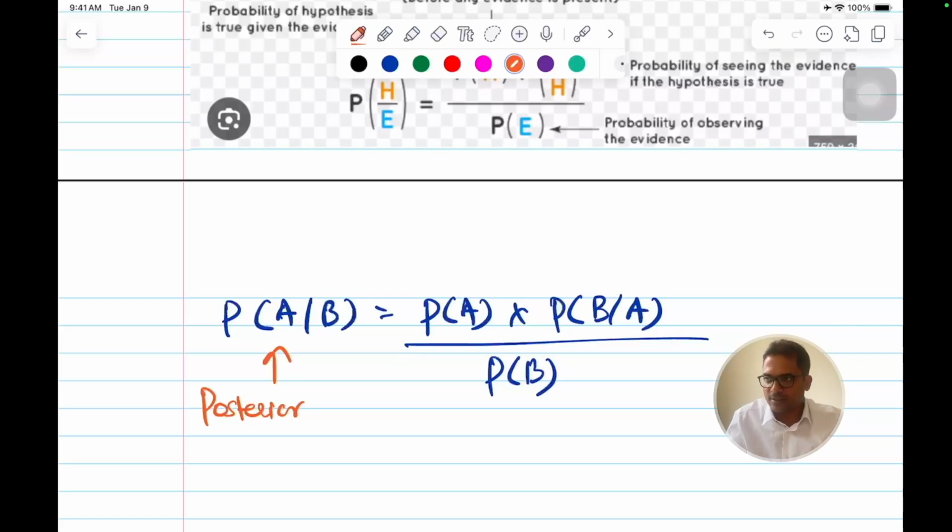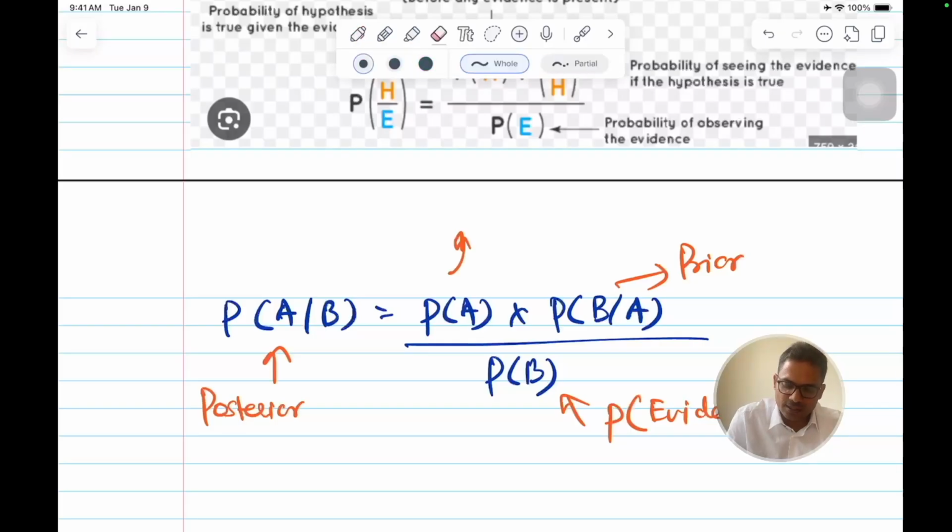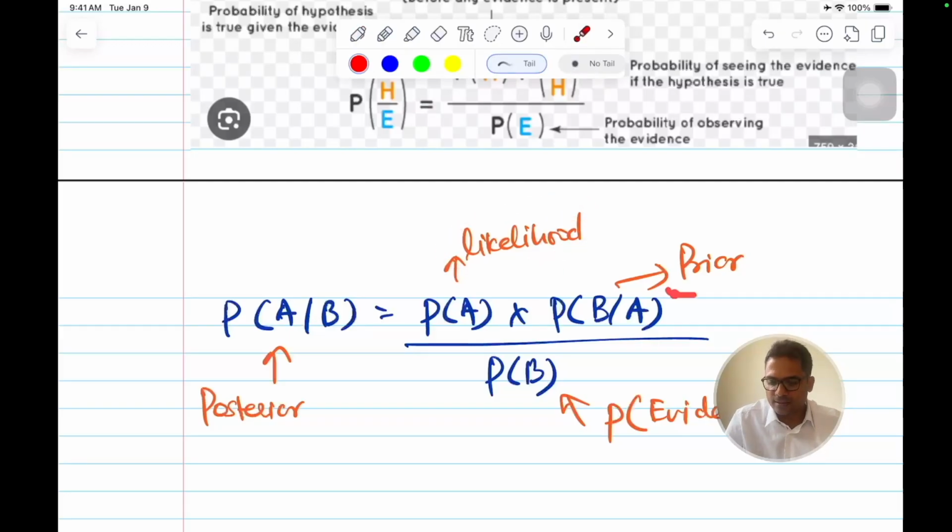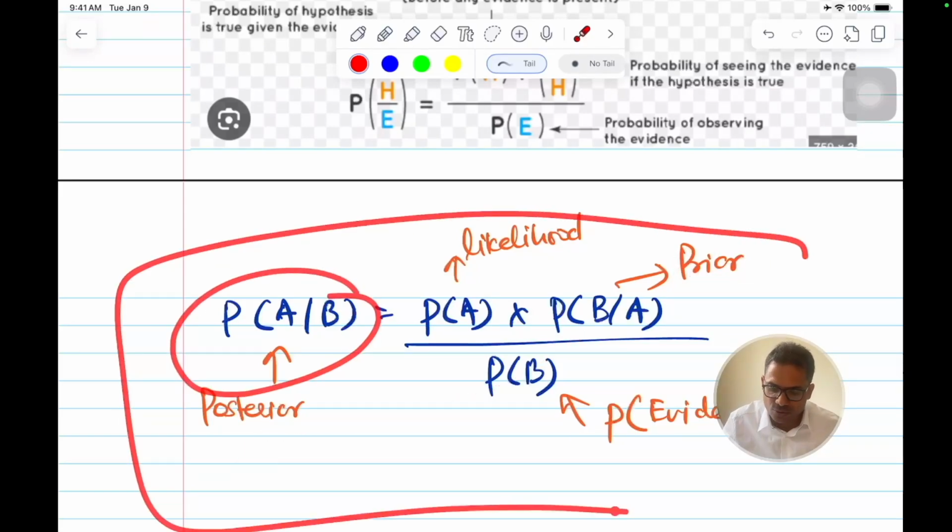And before, this is called the prior, before getting the evidence. This is the evidence, and this is called the likelihood of that event happening. These are the terms that you should know and be comfortable with.